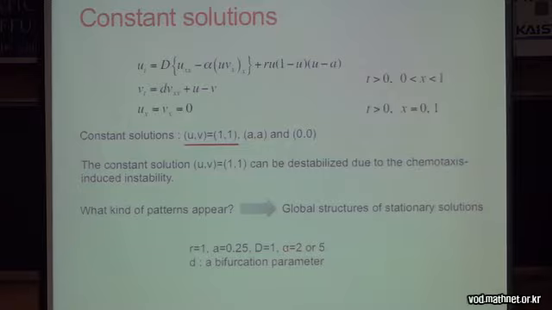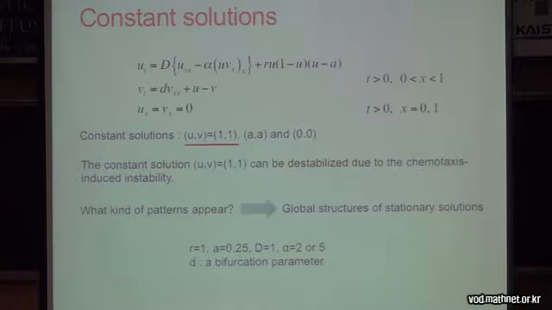And alpha is 2, a relatively small case, or 5, a relatively large case. And this small d parameter we set as a bifurcation parameter. So we change d and see what kind of global structure of stationary solutions we get.